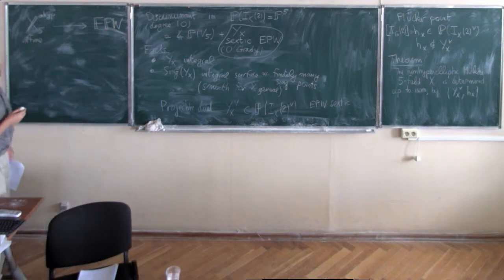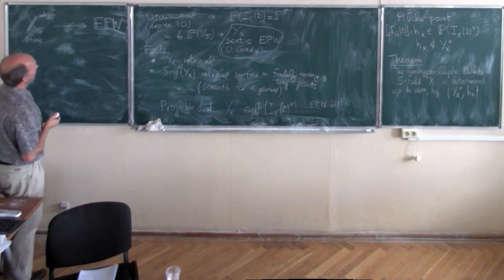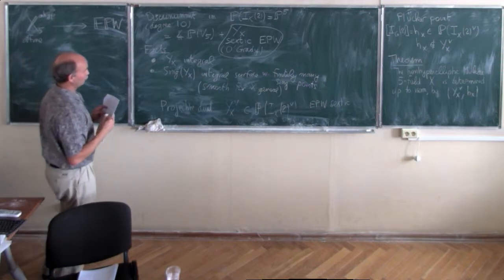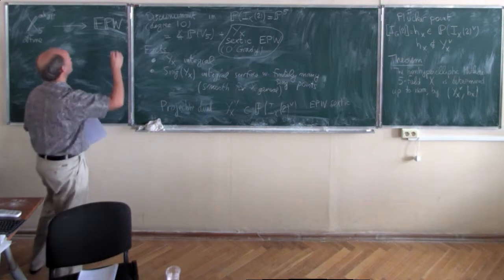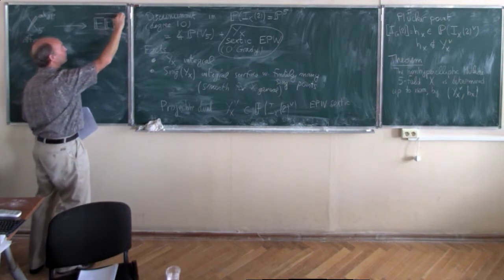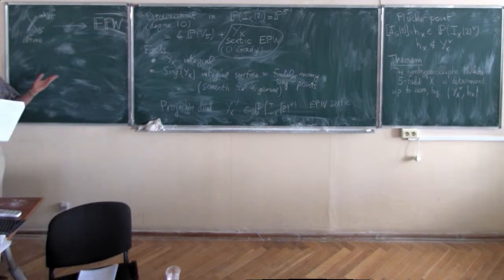This was also constructed by Kieran already, by GIT also. So here I have to be a little bit careful. There's a GIT compactification, and there's a morphism here.